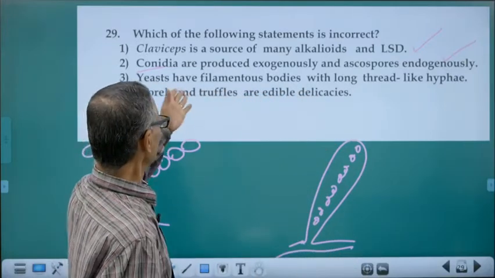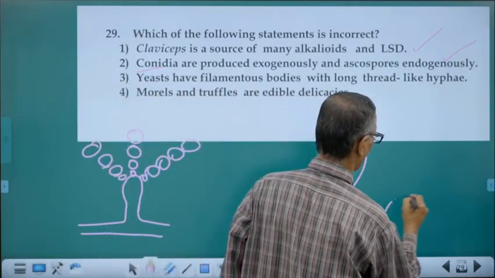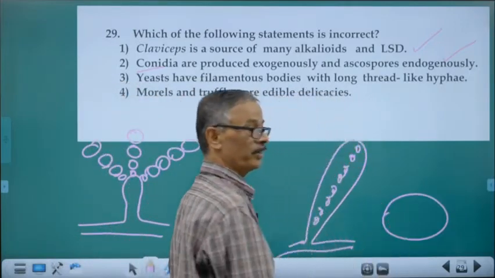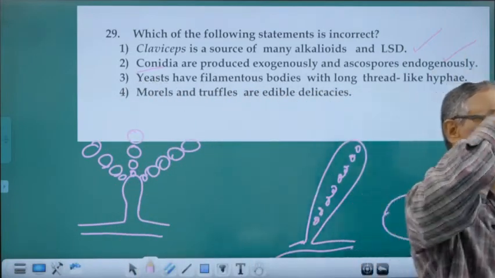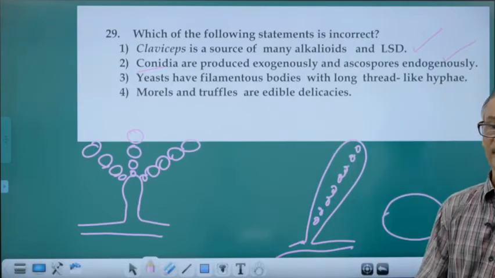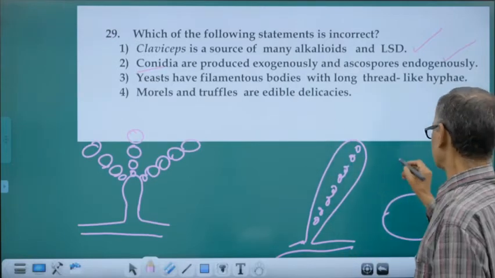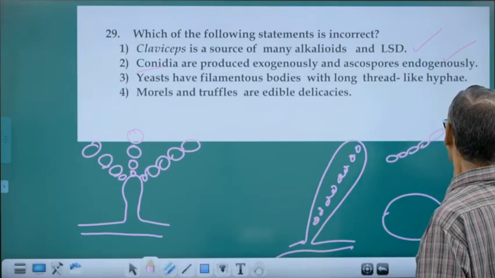This is for ascomycetes. Yeast have filamentous bodies? No, yeast is unicellular. They have no mycelium. They produce pseudomycelium. That is the characteristic feature of yeast. They have single cells and reproduce by budding, and they remain attached to one another.